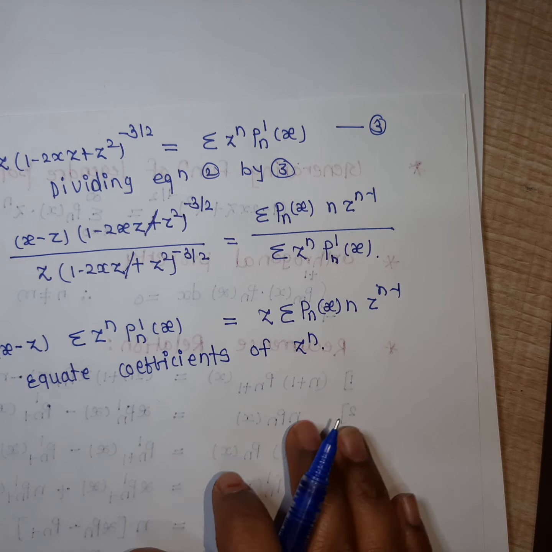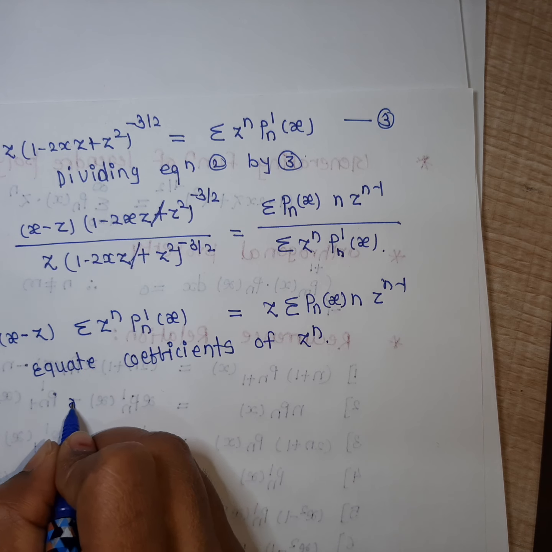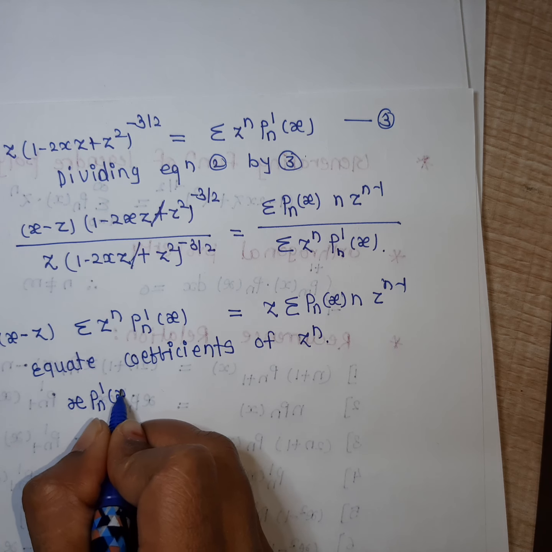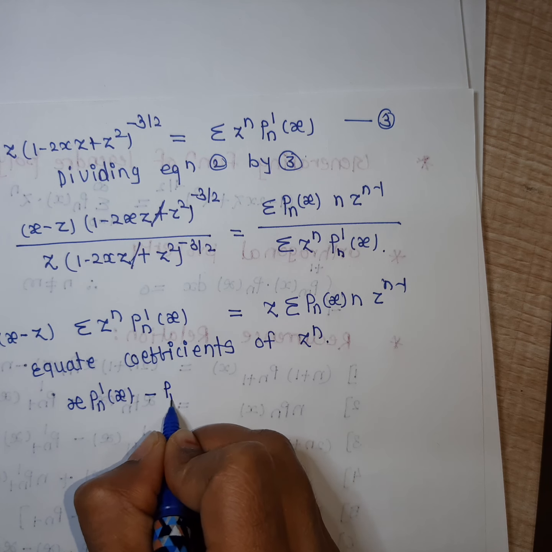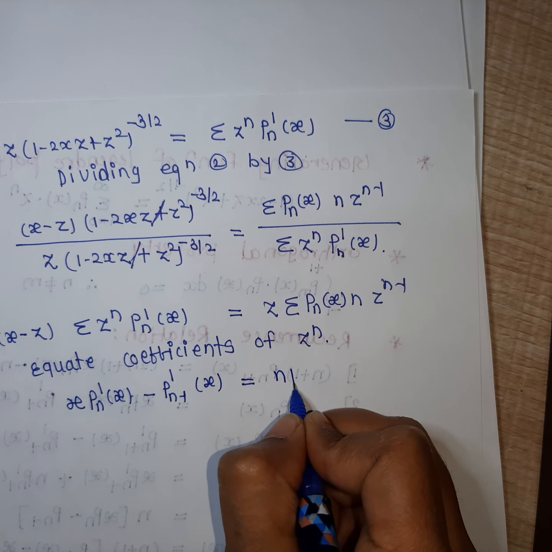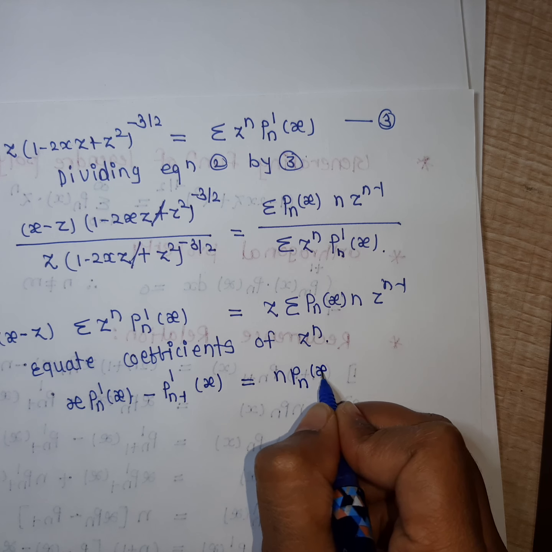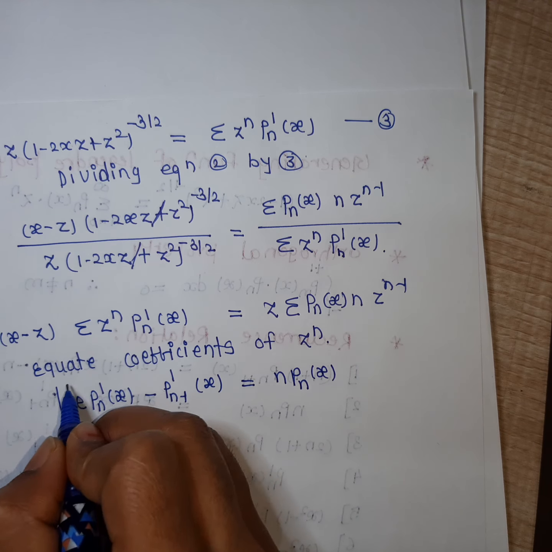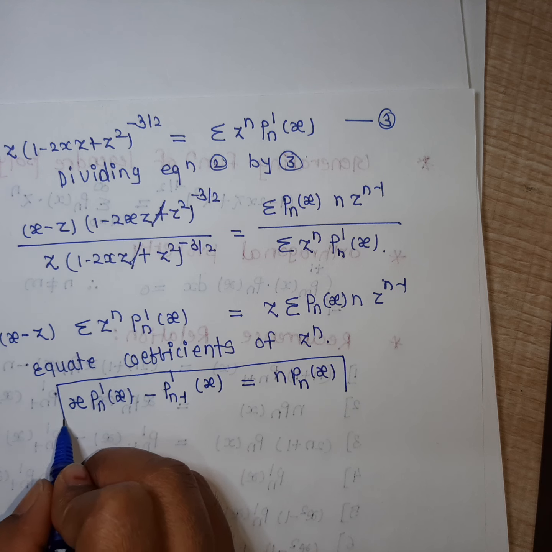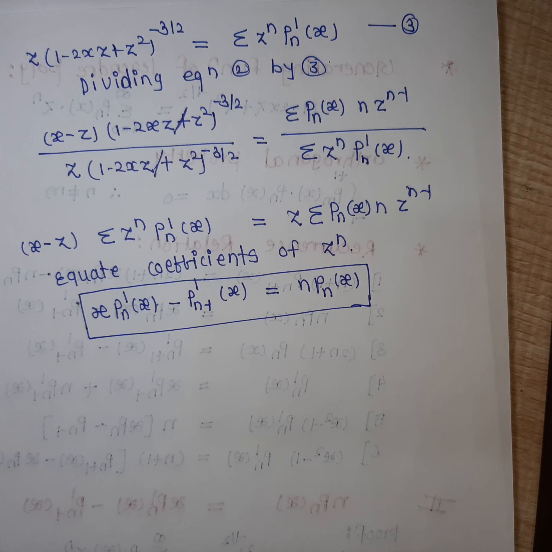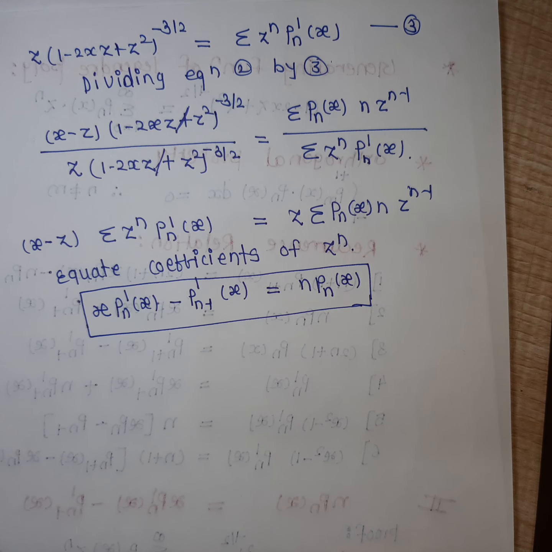From this we will get x Pn prime of x minus Pn minus 1 prime of x is equal to n Pn of x. What is the second recurrence relation? This is only that. All of you got up to here the Legendre polynomial.